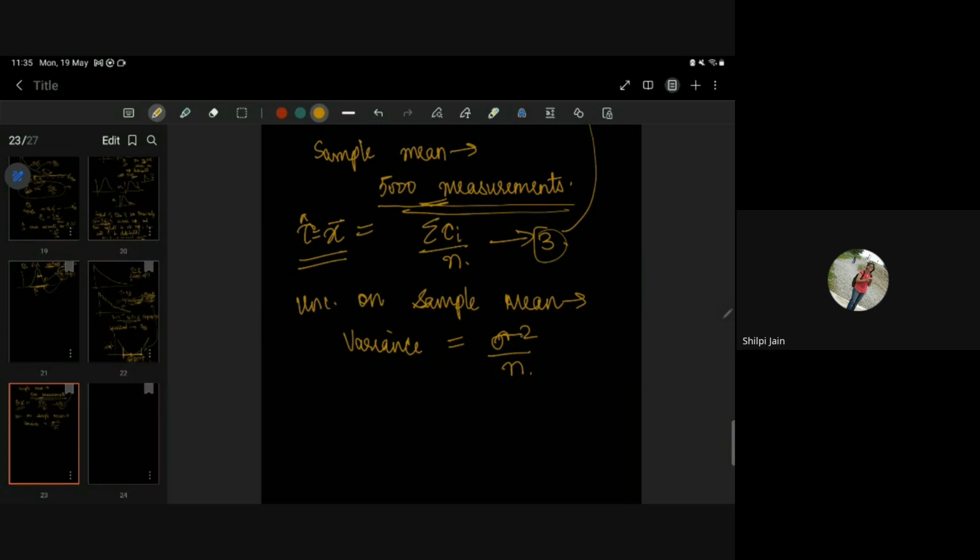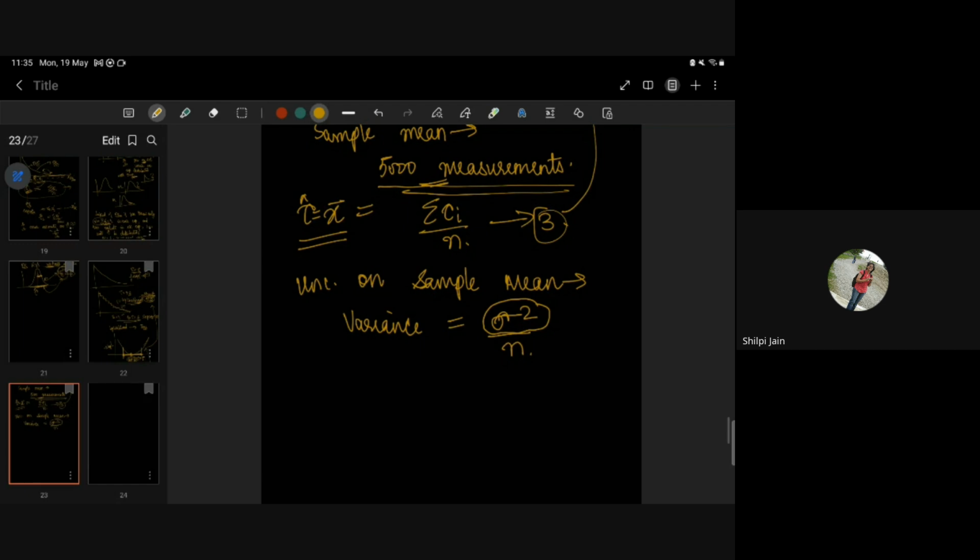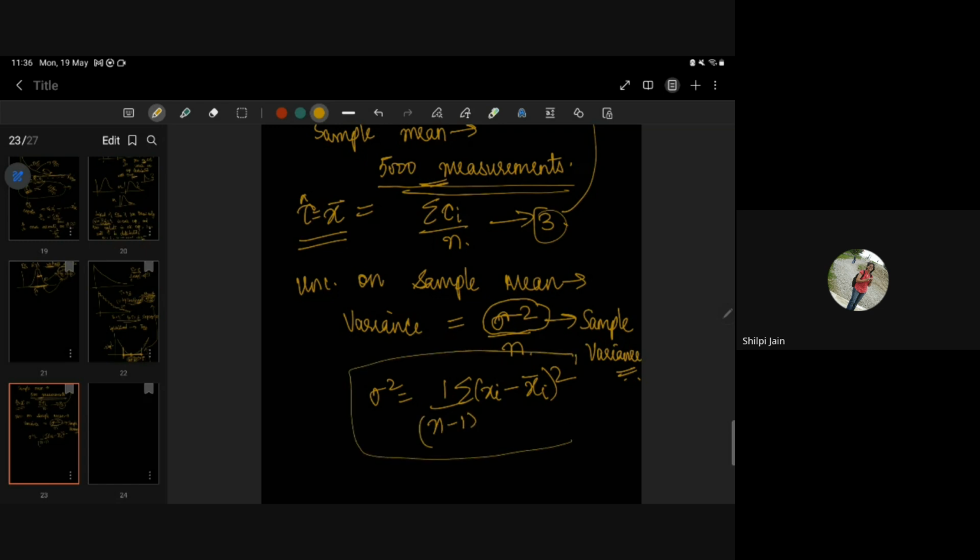Since you don't know the sigma, where sigma is the standard deviation of the population, you can construct it from the sample. You can take the sample variance here, and sample variance is the sum of xi minus x bar whole square times 1 by n minus 1.